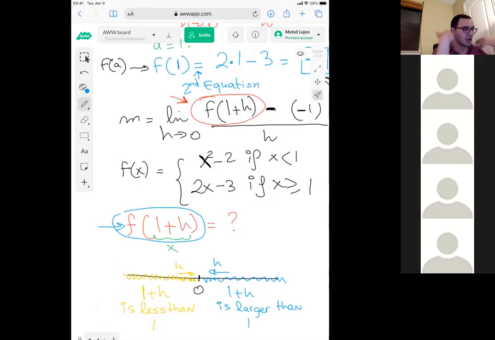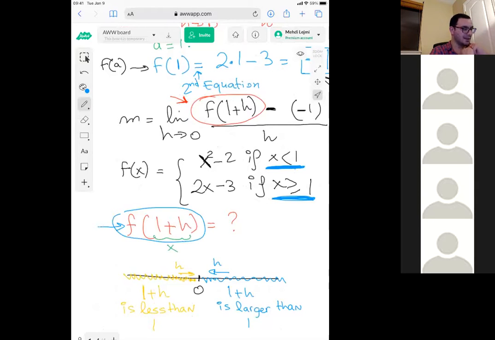The conditions for using the equations are whether it's less than 1, or larger than or equal to 1. So we need to figure out whether 1 plus h is larger or less than 1.